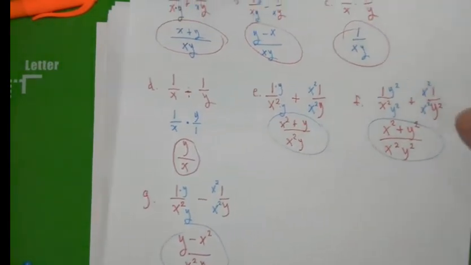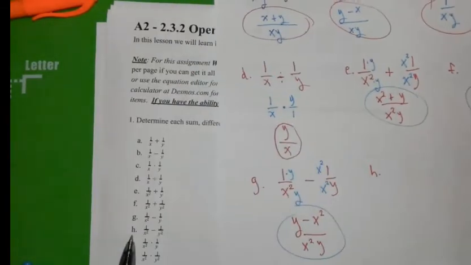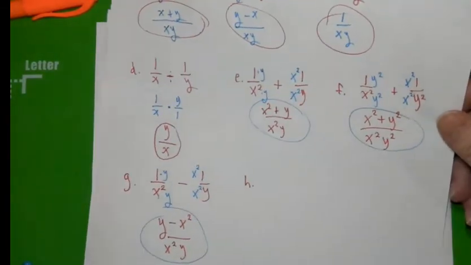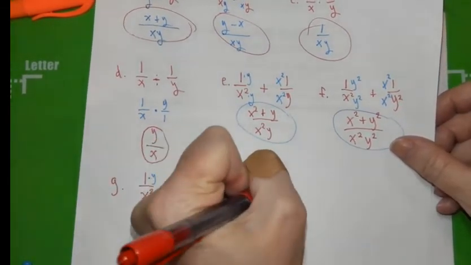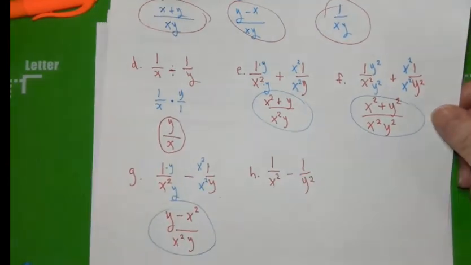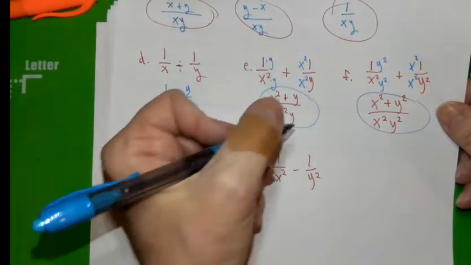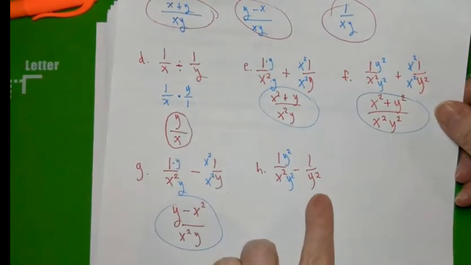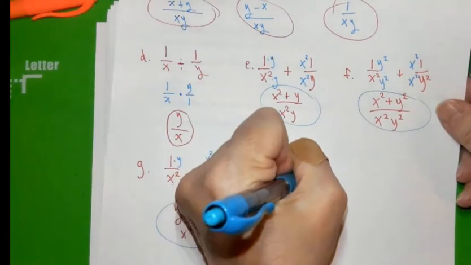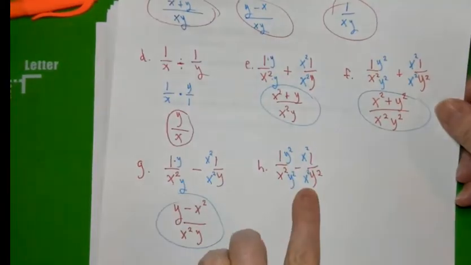Next is H. On H we have 1 over x squared minus 1 over y squared. The denominators are not the same, so we're going to multiply the one on the left by y squared over y squared, and the one on the right by x squared over x squared. Oops, I did not leave enough space here. Hopefully I can read that.